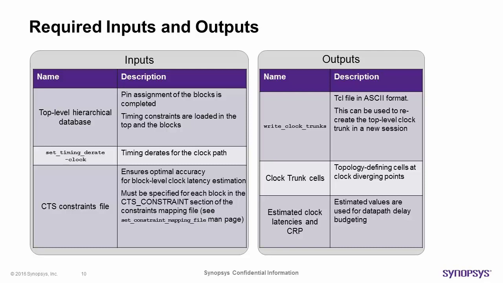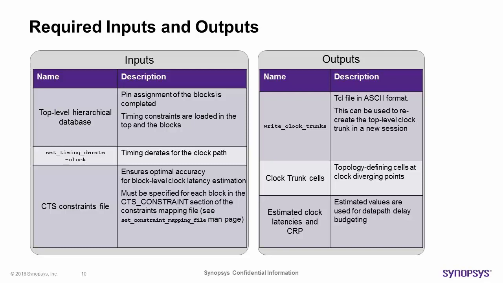Timing delays for the clock path are required. Also, the CTS constraint file. It ensures optimal accuracy for block level clock latency estimation. It must be specified for each block in the CTS constraint section of the constraint mapping file. See the set constraint mapping file man page for details.